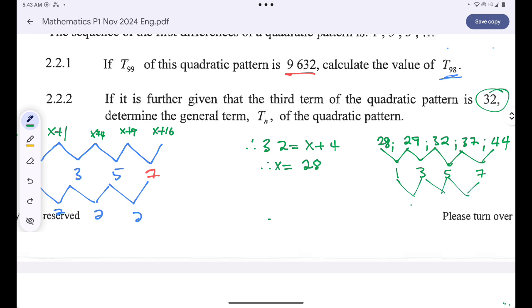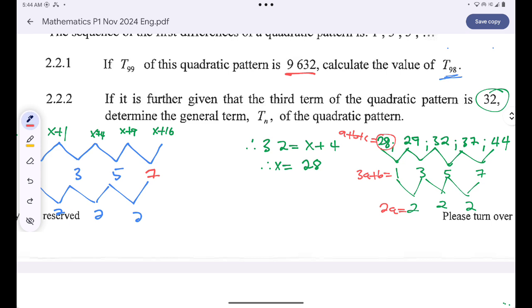And then the second difference is common. That's 2. Remember that, guys, for me to find the nth term of a quadratic number pattern, I just need to say 2a is equal to the second difference, and then 3a plus b is equal to the first term of the first difference, and then a plus b plus c is equal to the first term of the sequence.